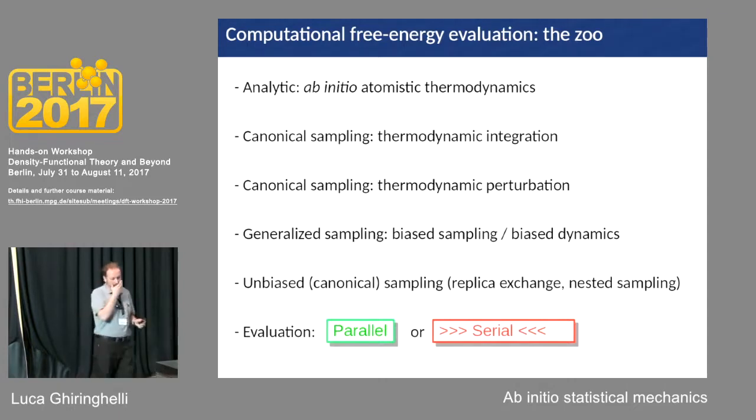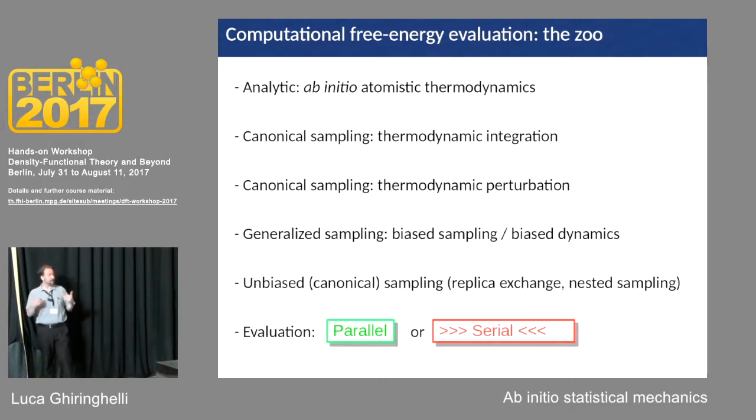Okay, so this is the summary where I close. I do not go through it again. The only thing I say is that whenever a method is parallel by construction, and most of the things that I've shown are, except the thermodynamic integration, at least the part in which you do the integration of the boundary lines, so all of them are parallel.